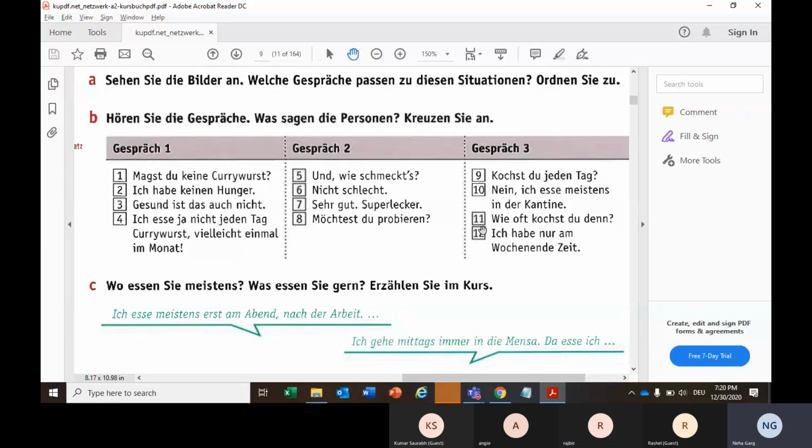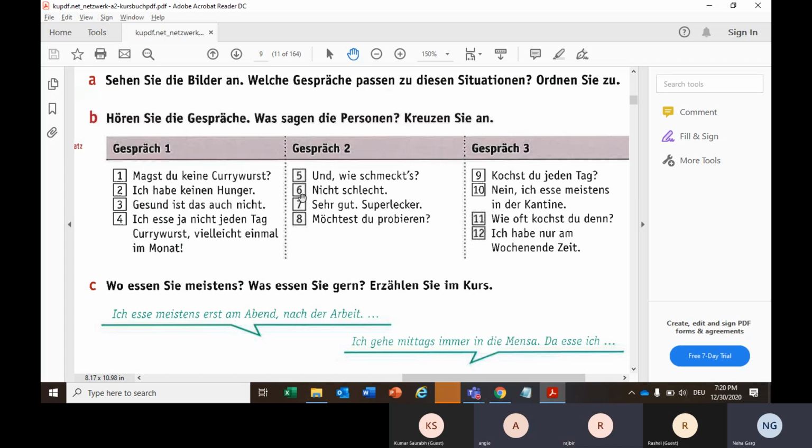So now tell me what all dialogues were there. Fünf, sieben, und acht. Okay. Rachel says fünf, sieben und acht. Nazir, what is your answer? Sieben and acht. Okay. Angie, what is your answer? The same as Rachel. Okay.